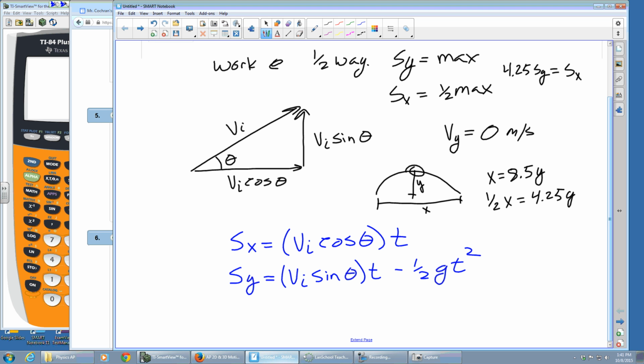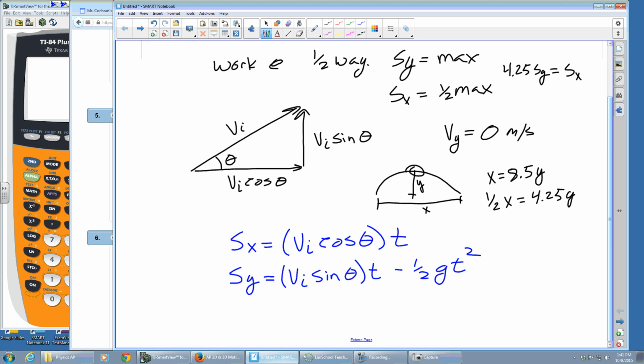I run into the slight problem of I've got like 4 unknowns in here and only 2 equations. Oh, wait a minute. I know how Sx and Sy are related, so that brings me a 3rd equation.